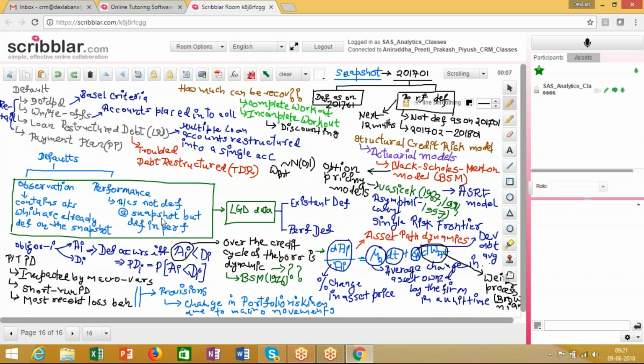Right. So in the historical data, when I'm developing the model, when I'm creating my dependent variable flag, I need to ensure that the account that I'm using to develop my model must be active in the next 12 months as well, because I'm trying to always predict whether the borrower is defaulting in the next 12 months or not.